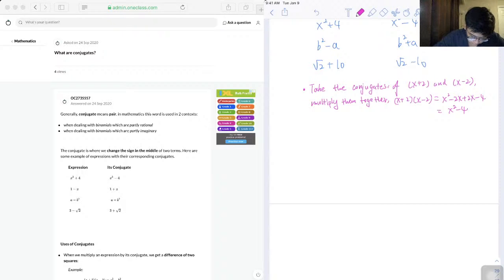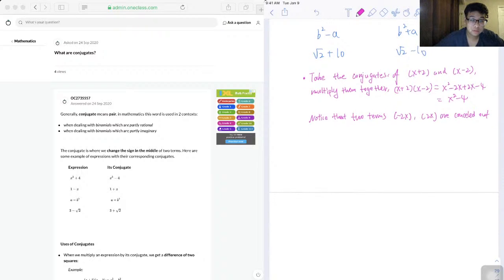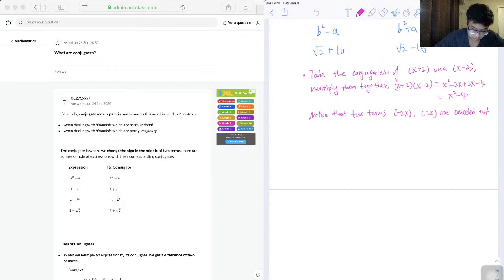And notice that two terms, negative 2x and positive 2x, cancel out each other during the process.